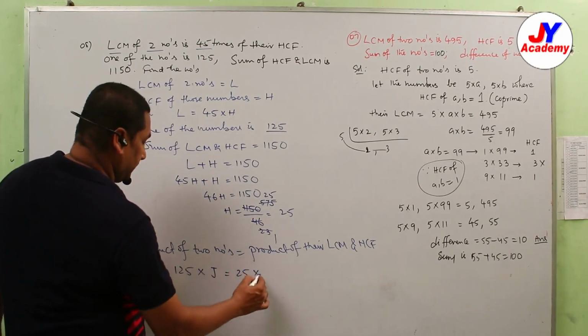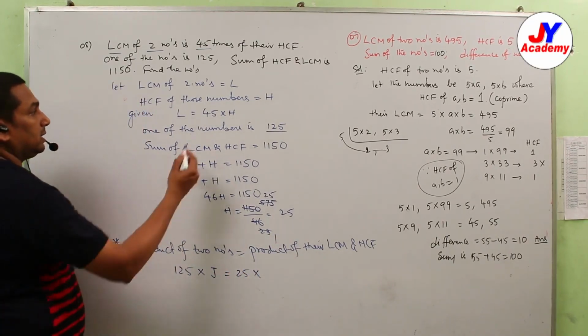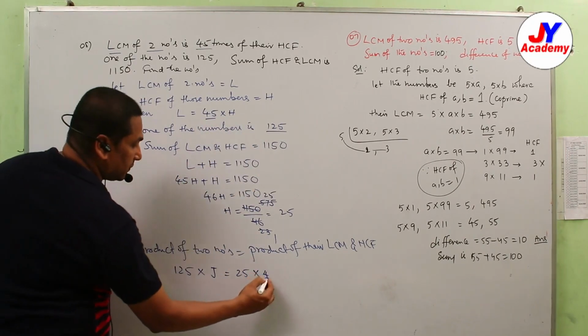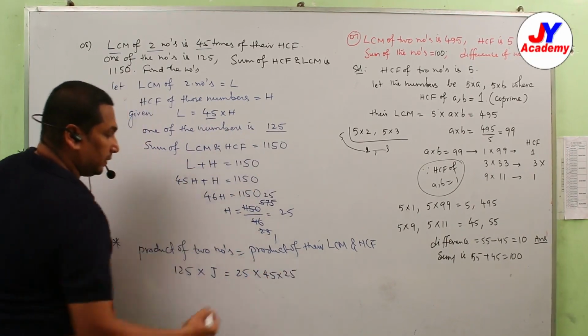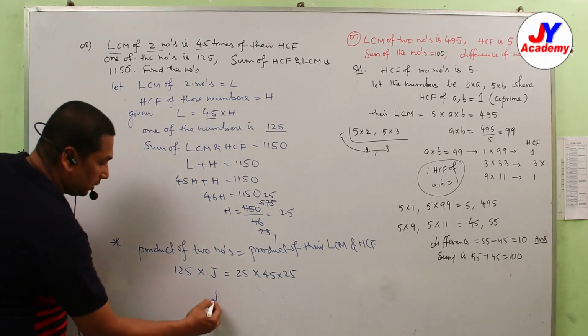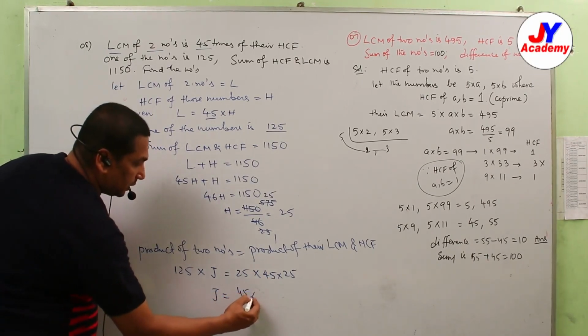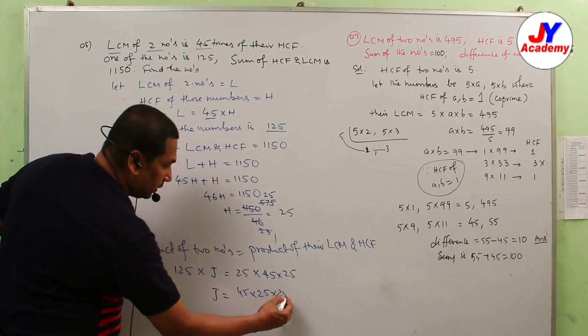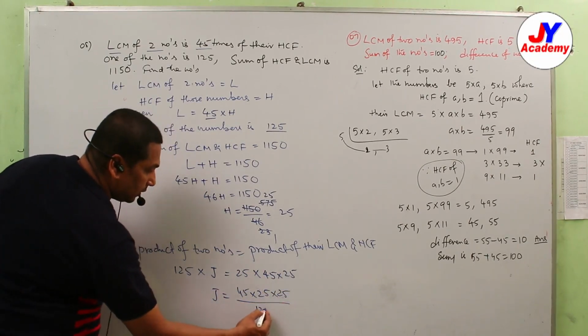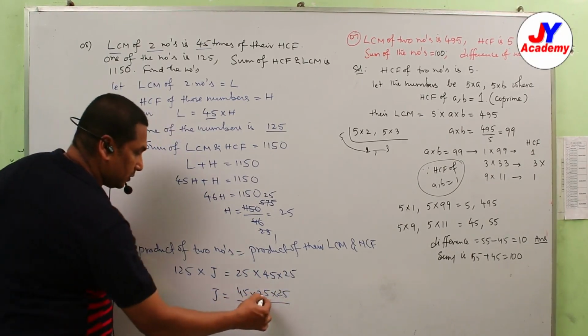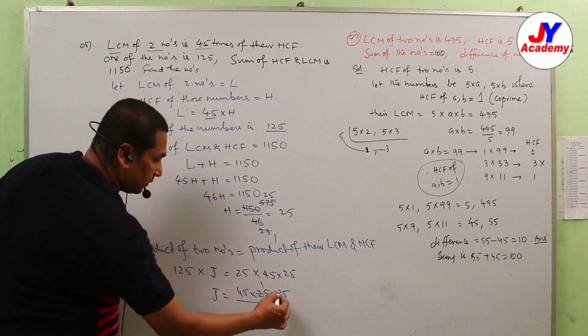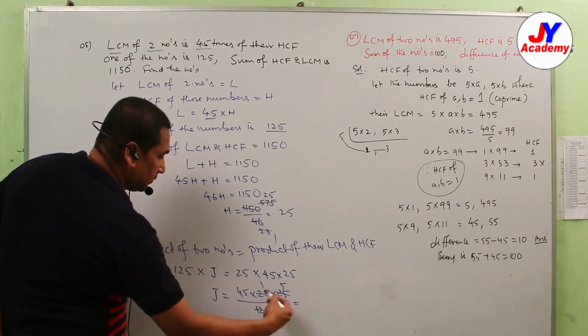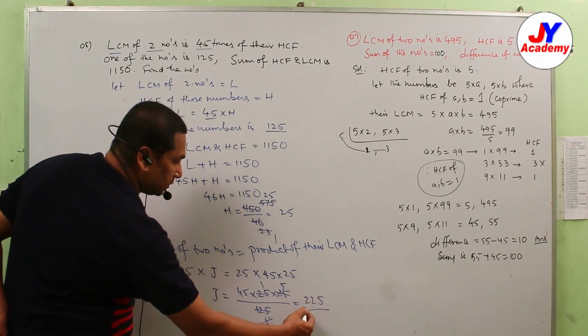HCF is 25, and LCM is 45 times HCF, that is 45 into 25. Now J is equal to 45 into 25 into 25 divided by 125, which gives 225. So what is the other number?